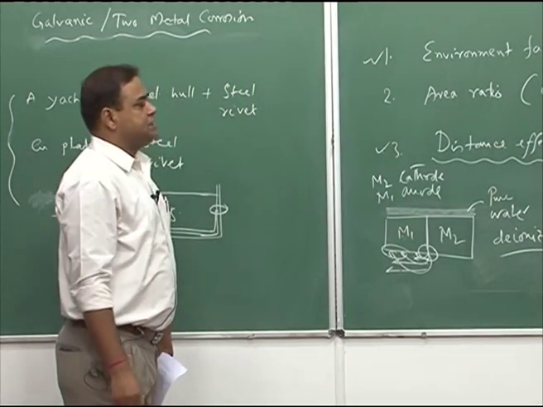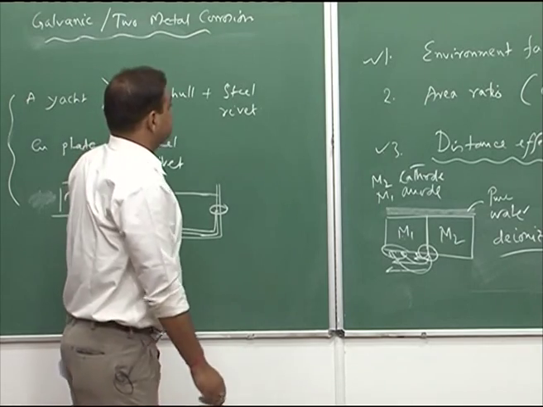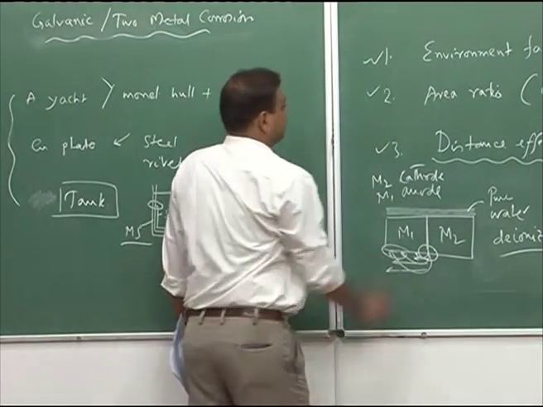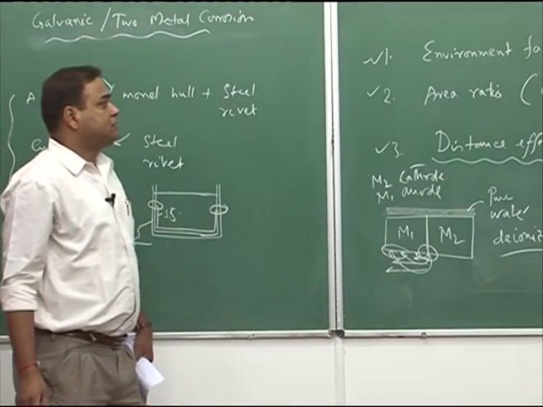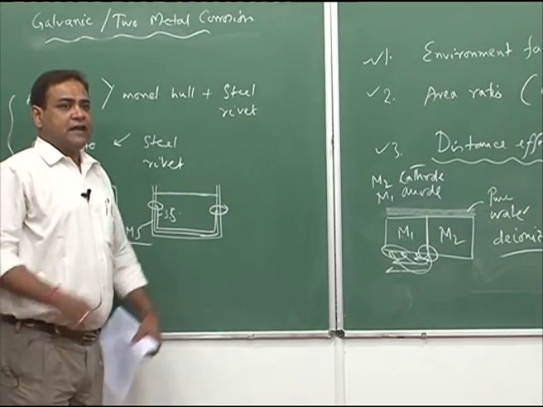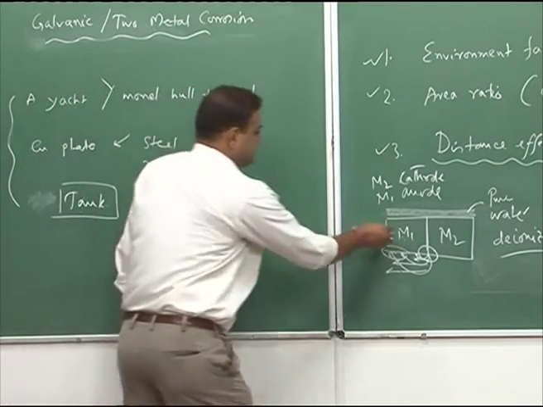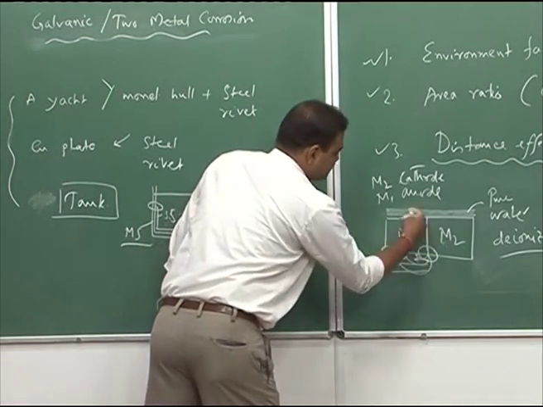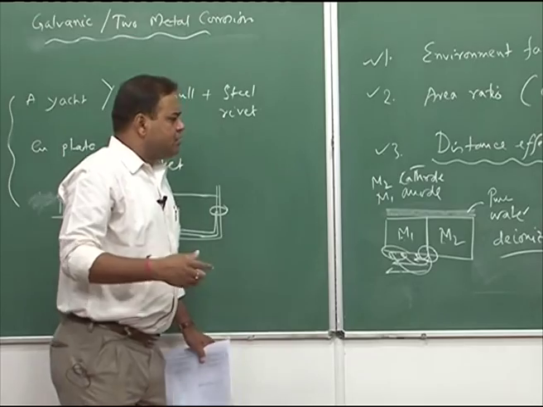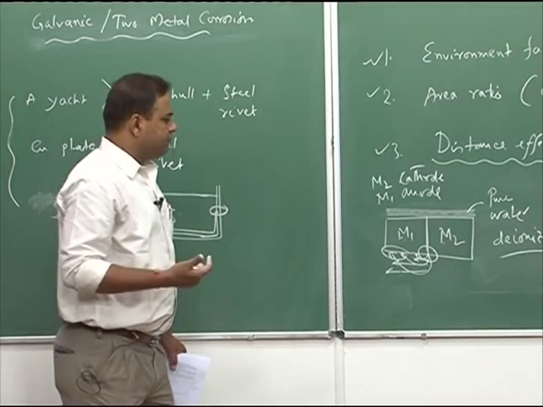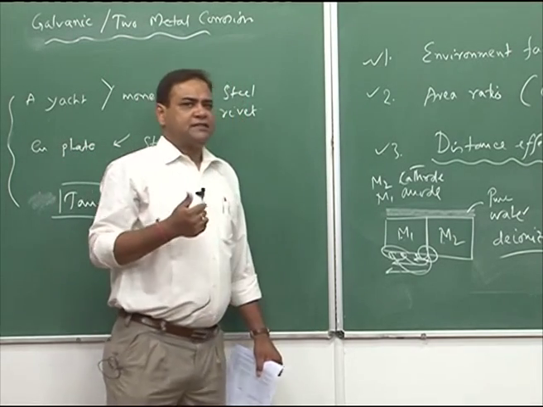Now, the more serious factor is the area ratio, or the ratio between the cathodic part and the anodic part, the area factor between these two particular sections. Let us say M1 and M2 are the same area, then the galvanic effect would be there, but it will not be that serious.